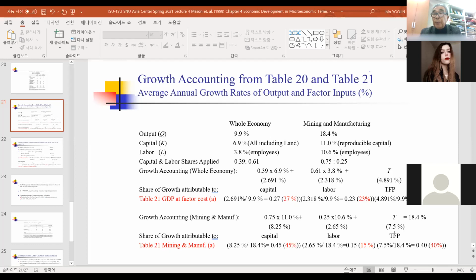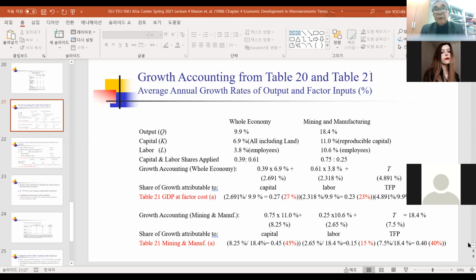You divide 7.5% by 18.4%. So in mining and manufacturing, TFP is relatively less contributing, because 7.5% divided by 18.4% is roughly 40%, maybe 35%, for example. So you can calculate the relative contribution of all these. Okay.